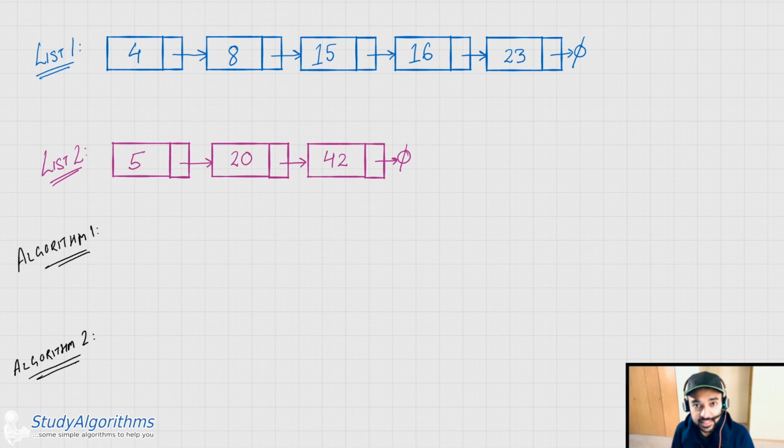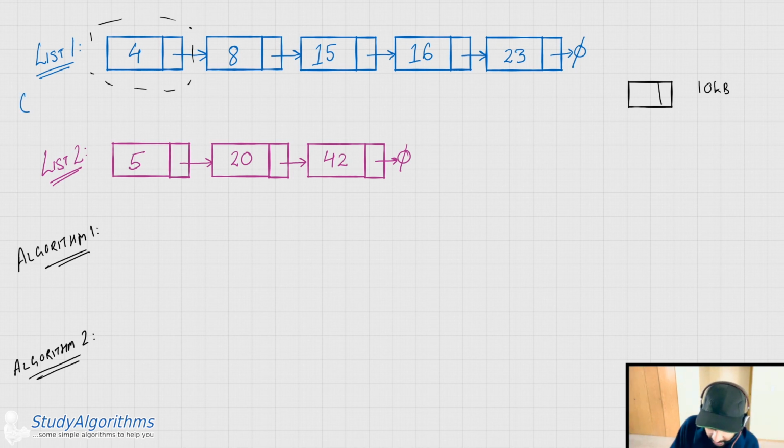To make things easy, let us assume that one node of this linked list takes up a total space of 10 KB. So, in this case, list 1 has 5 nodes. It means that the total space taken by list 1 would be 5 into 10 equals 50 KB.